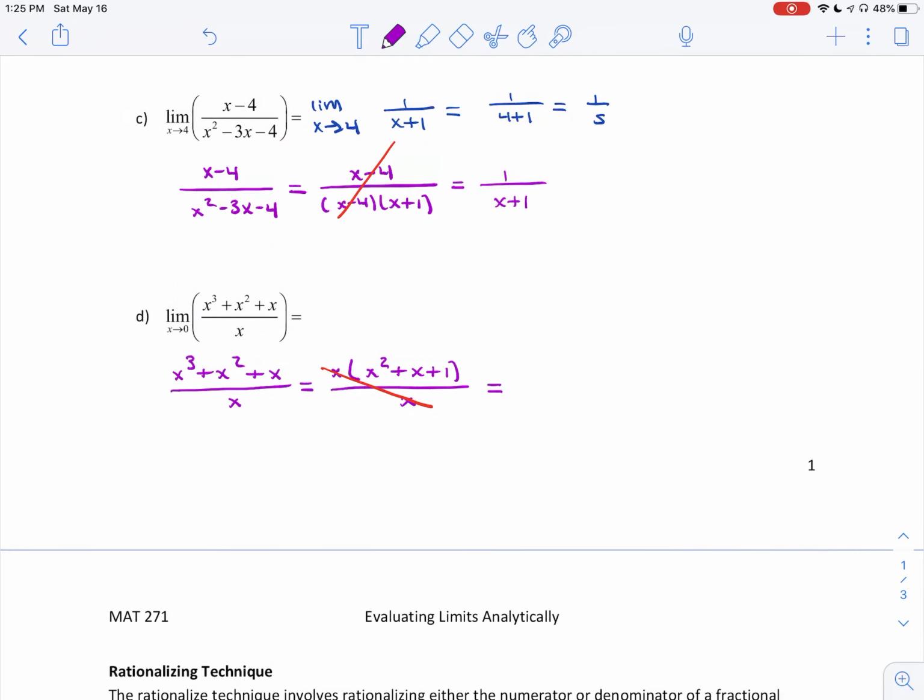So this just simplifies down to x squared plus x plus 1. So our original limit then is equal to the limit as x approaches 0 of x squared plus x plus 1. So using direct substitution, plug that 0 in, and it equals 1.